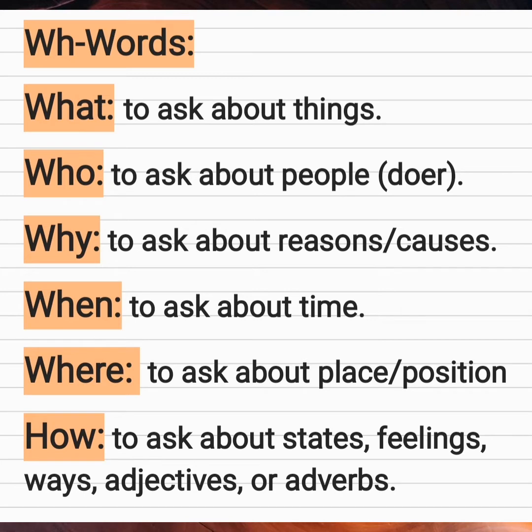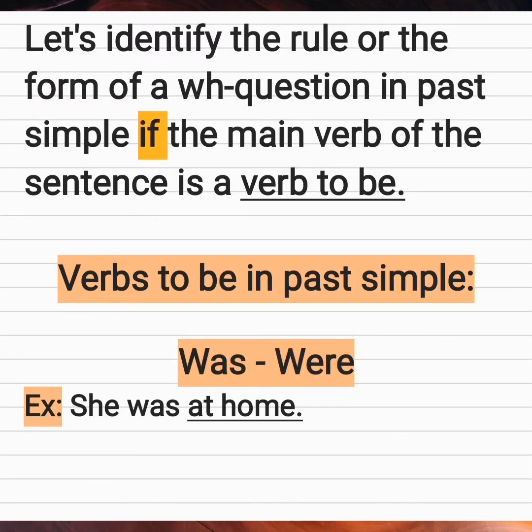Well, let's get started. Let's identify the rule or the form of a WH question in past simple if the main verb of the sentence is a verb to be. Don't forget that the verbs to be in past simple are two, was and were. Let's take the first example. She was at home.